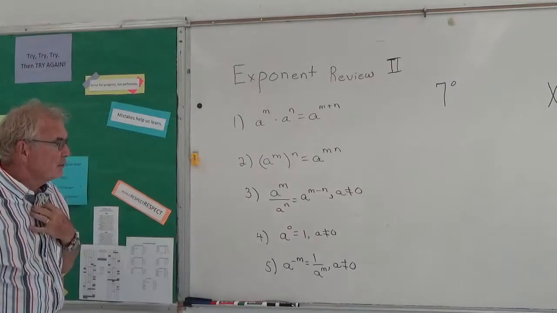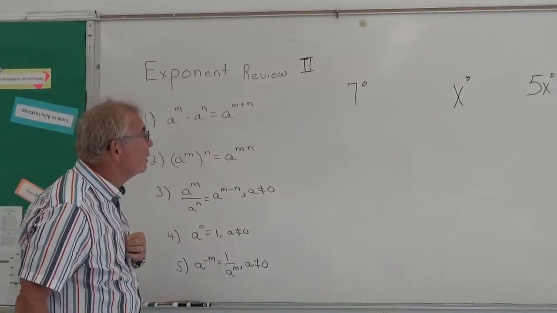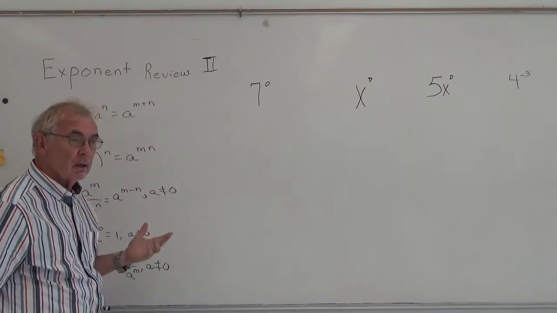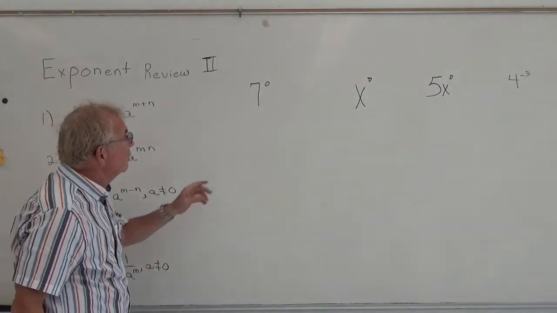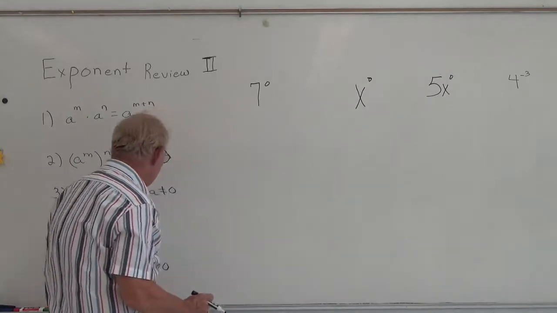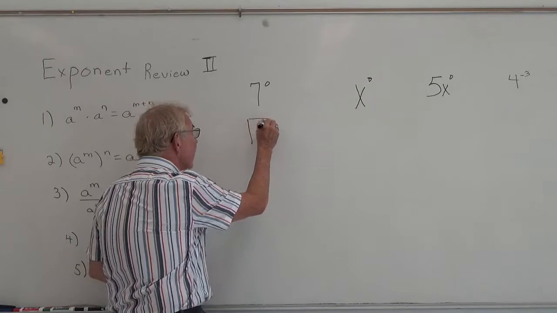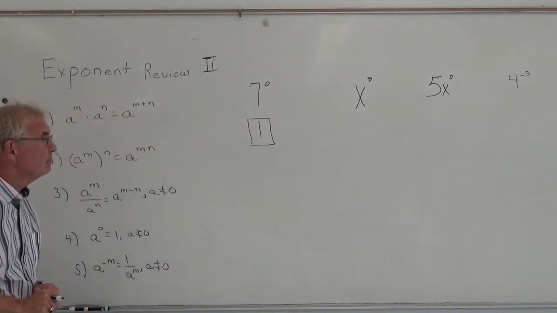So let's look at the first example. 7 raised to the 0th power. Now, in the derivation, we proved anything to the 0th power is 1. So 7 to the 0th power, using the 4th rule, is 1. And that's an interesting proof that if you look at the derivation, I think you'll agree.